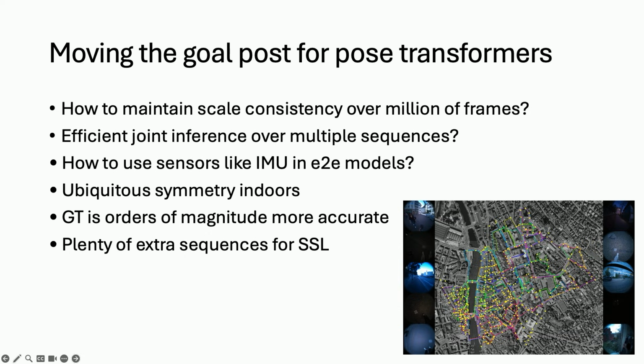So it's interesting to see how they can maintain scale consistency over millions of frames. Secondly, it's unclear how they can efficiently infer jointly over multiple sequences or incorporate sensors like IMU in end-to-end models. And there's also a lot of symmetry indoors when it comes to large-scale data. And because our ground truth is orders of magnitude more accurate than previous datasets, we can provide plenty of extra sequences for supervised learning as well.